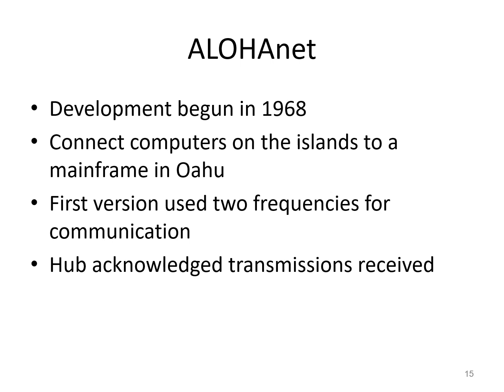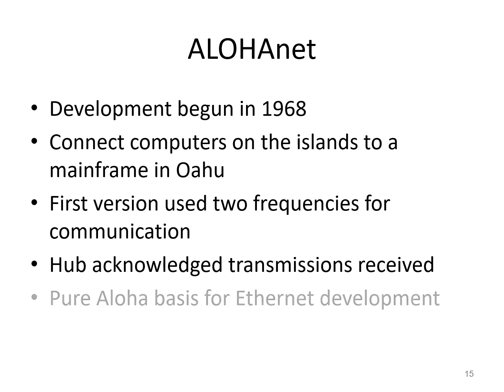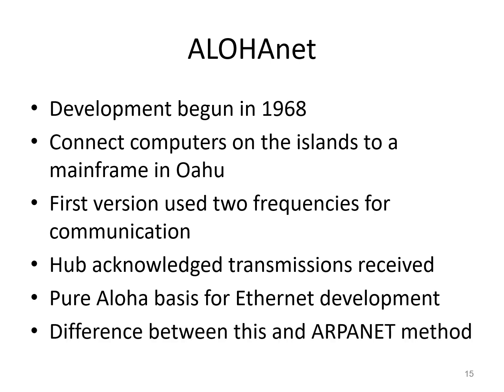If the sender did not get an acknowledgement as a result of something such as a collision between two sites transmitting at the same time, then the sender would wait a random period of time and then try again. This method is referred to as pure Aloha. It was the basis for the development of Ethernet. The key aspect of Aloha Net was the use of a shared medium, which simplified communication compared to what was being done on the ARPANET.